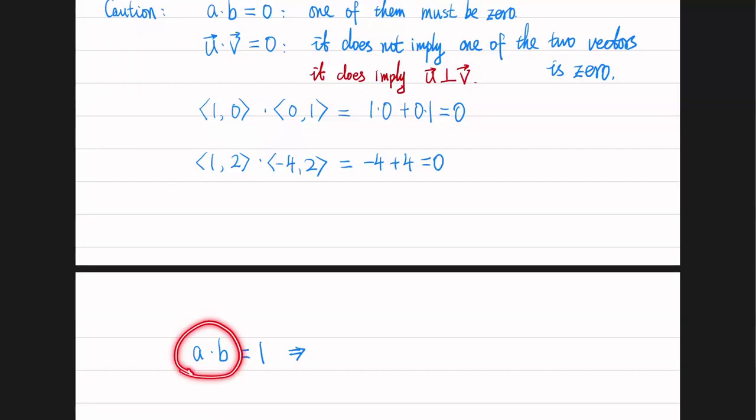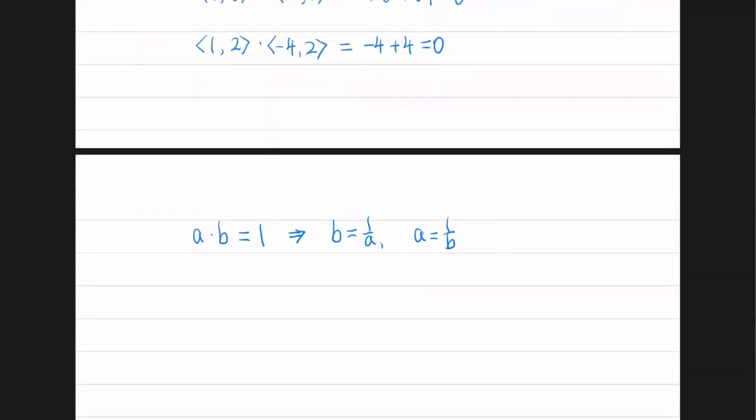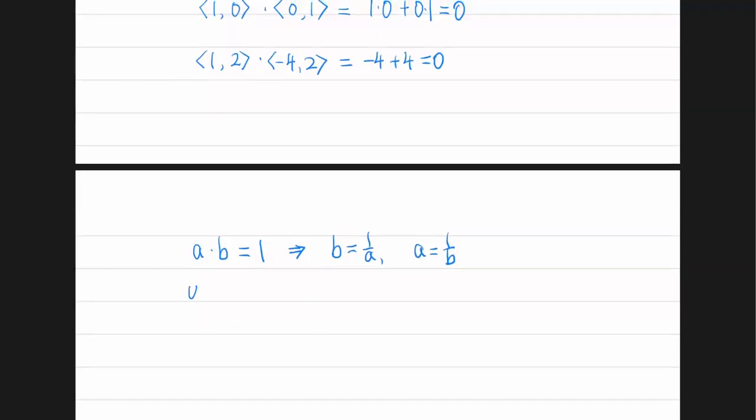They're reciprocals of each other. Reciprocal: B equals 1 over A, A equals 1 over B. Now there are two vectors. U dot V is 1. Then the dot product is 1, and that means the cosine times the norms of the vectors equals 1.